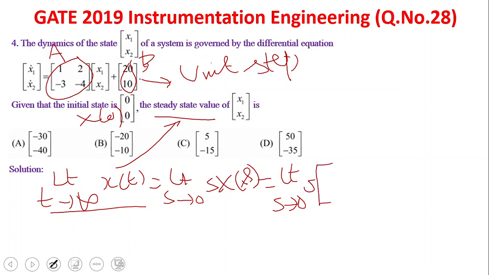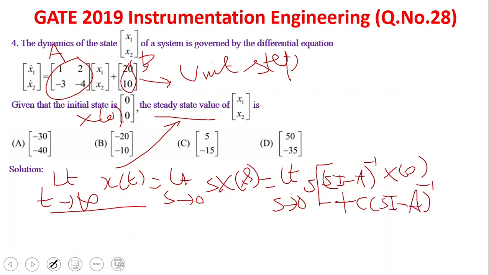That means sI minus A inverse x of 0 plus C into sI minus A inverse into B u of s.